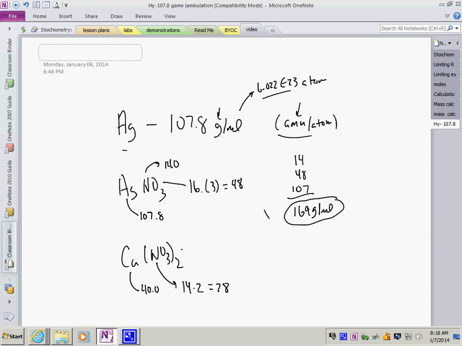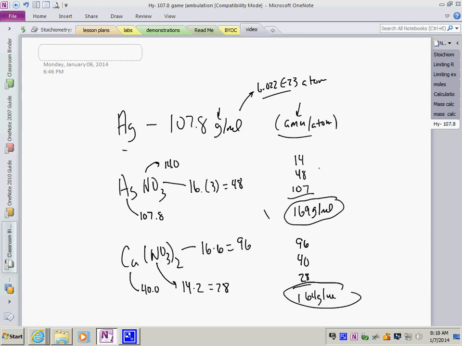And then the oxygen will be 16 times 6, which is 96 grams. Add all that up: 96 plus 40 plus 28. I got a grand total of 164 grams per mole.